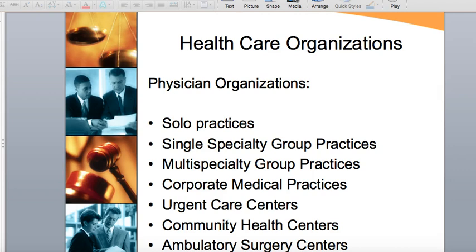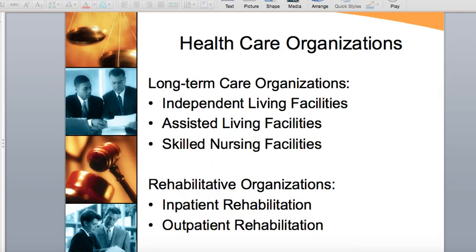They also have corporate medical practices, urgent care centers, community health centers, and ambulatory surgery centers. All fall under the category of physician organizations.